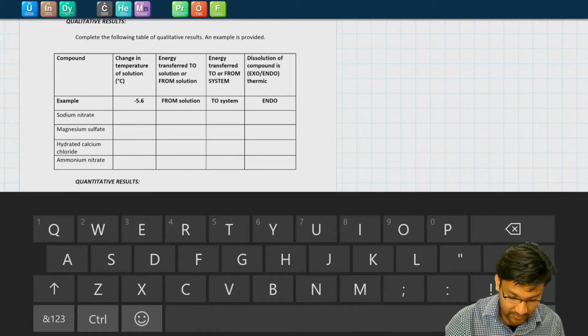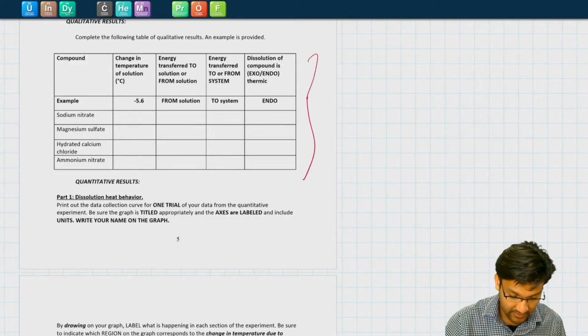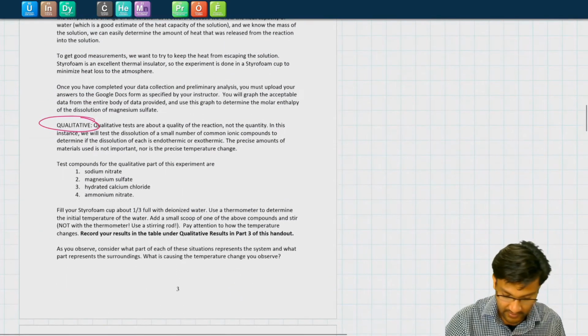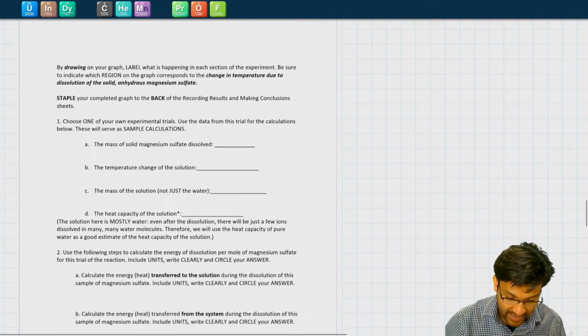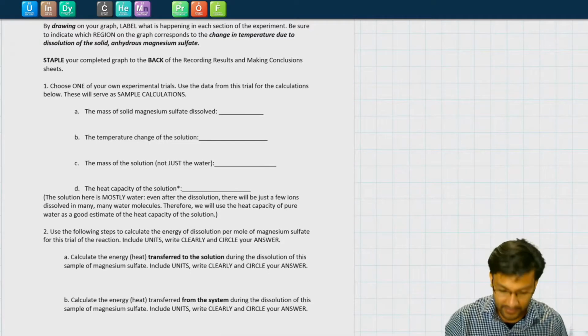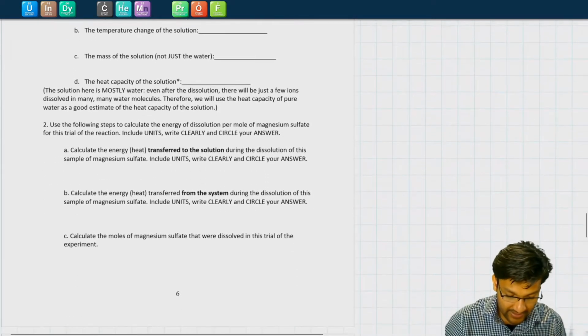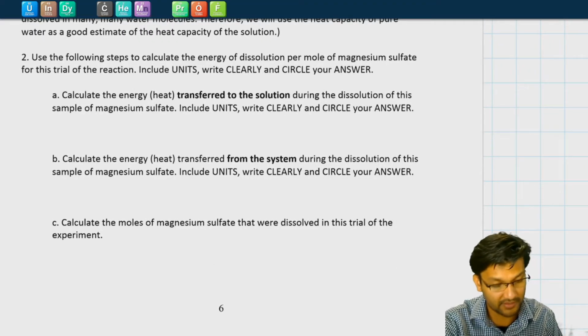Here is just a table for putting the result from the qualitative part, which is the first part that we talked about up here for these salts. And then for the quantitative part, we have some equations to solve. Now, I'm just going to go over number 2 again using some trial numbers. You'll use one of your trials to do this.